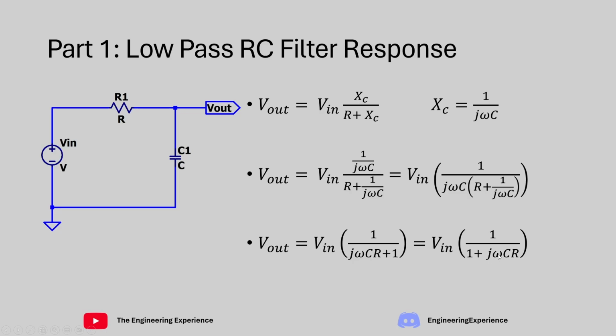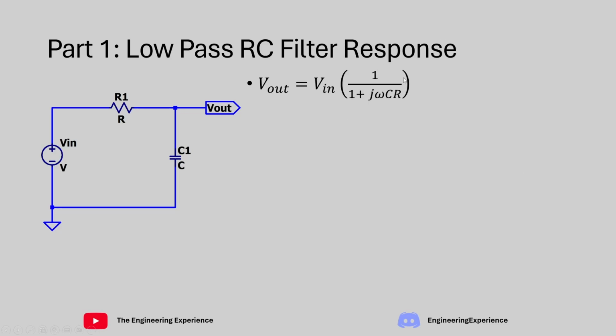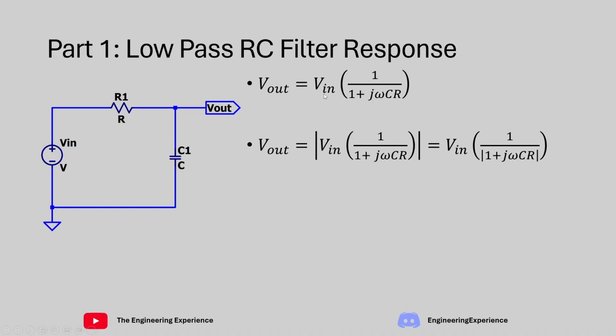Conventionally we would write the imaginary part second, so I've rearranged the equation. So now V out is equal to V in multiplied by 1 over 1 plus j omega c R.